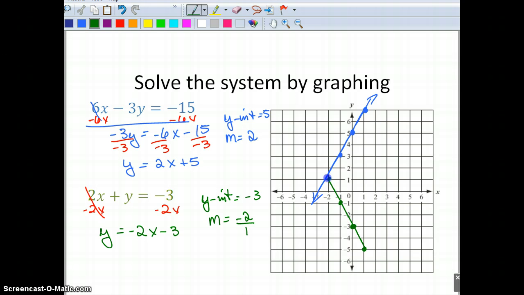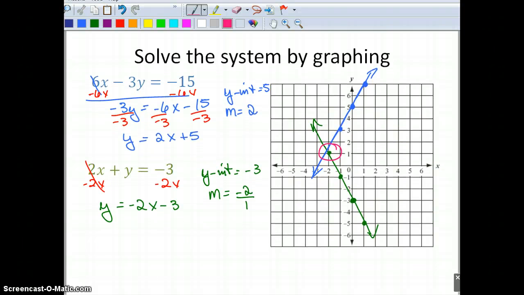So now I'm going to connect. And I can see that my answer is probably right around in here somewhere. I'm just going to have to check and see what's going to work. I think it's probably this little point right here.